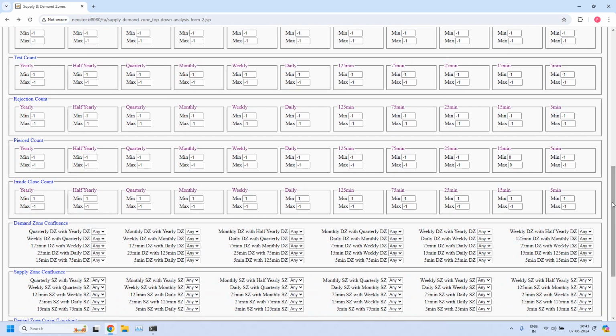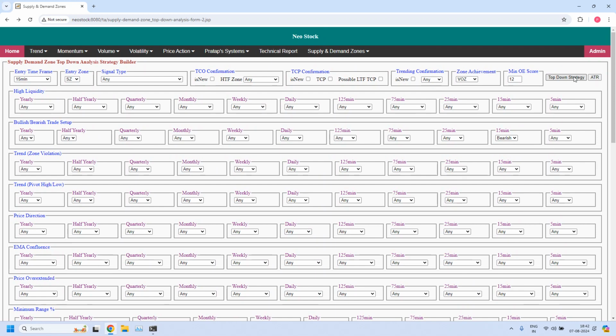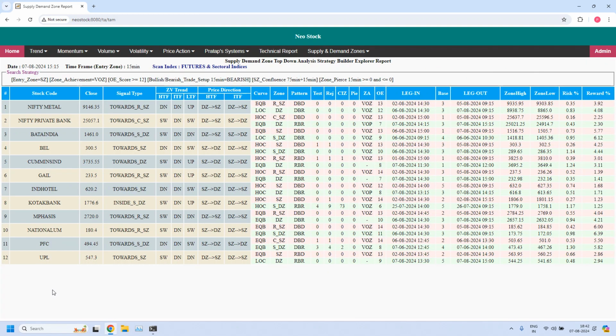In supply zone confluence, we enabled the 15 minute supply zone with the 75 minute supply zone. This is the ITF confluence. First let us check LTF and ITF confluence. So out of 13, 12 stocks are filtered. All these 12 stocks have confluence with the 75 minutes time frame. Now let us check HTF confluence also, that is the daily time frame, that means the daily supply zone.